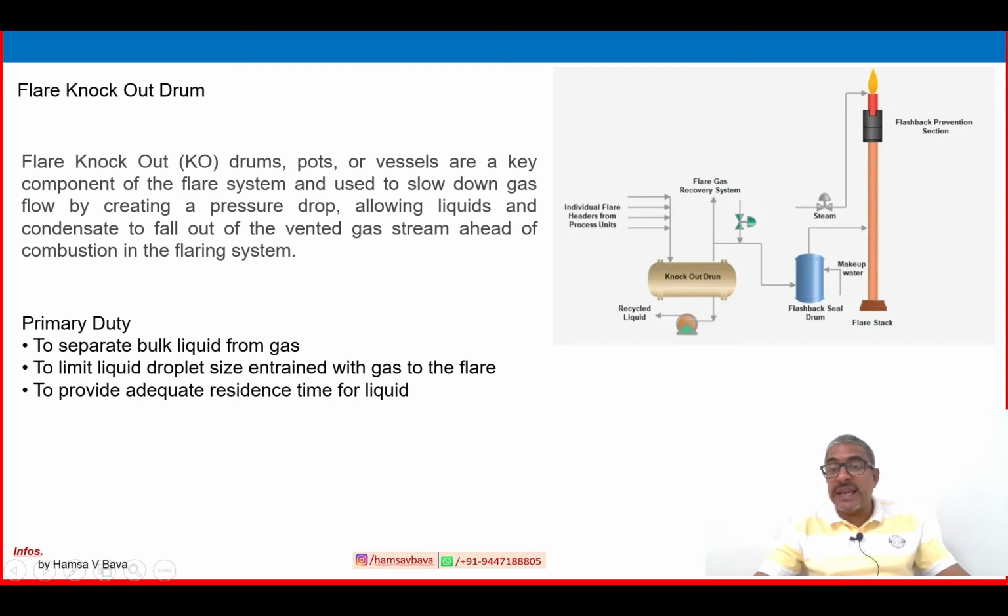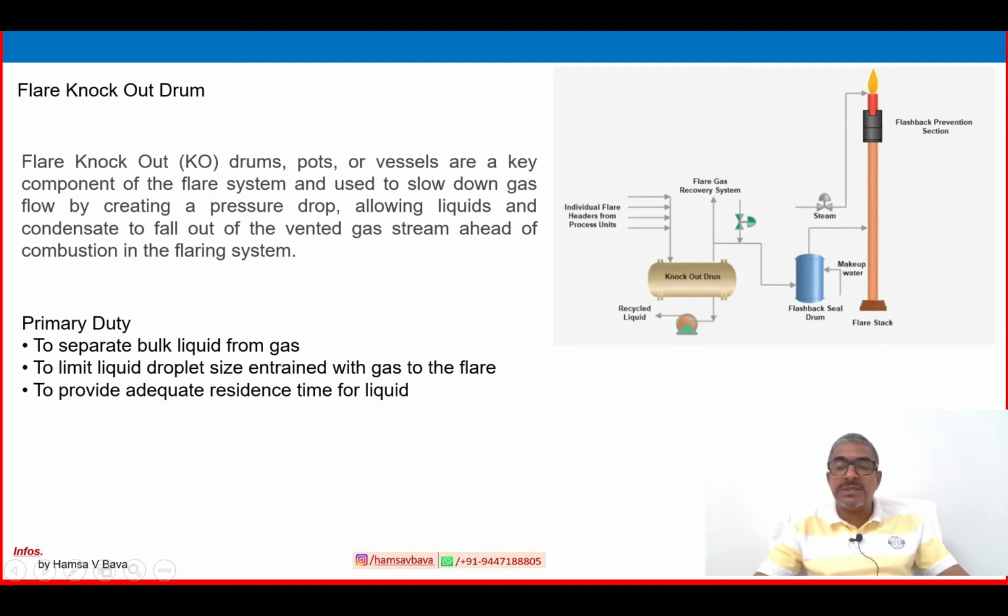One of the reasons is incomplete combustion. If you write the combustion reaction, CH4 plus O2 will give CO2 plus H2O. That is the reaction. So extra oxygen we are providing from air, but if liquid is there, very high chances are there of incomplete combustion.